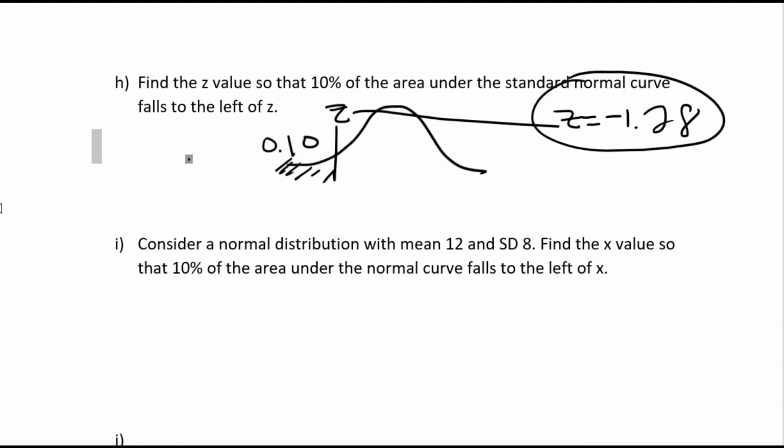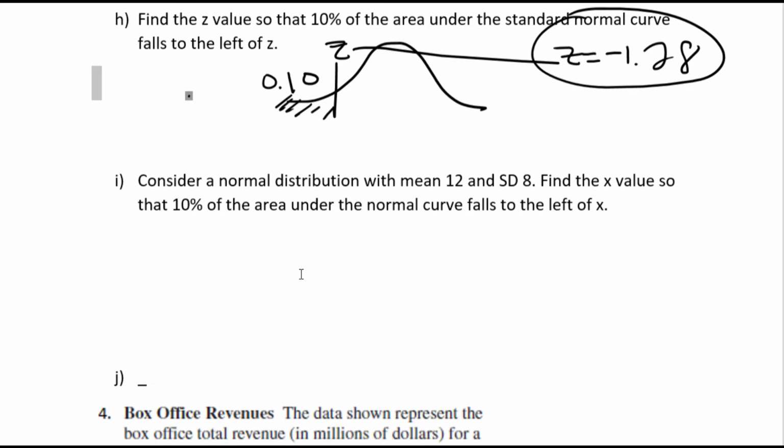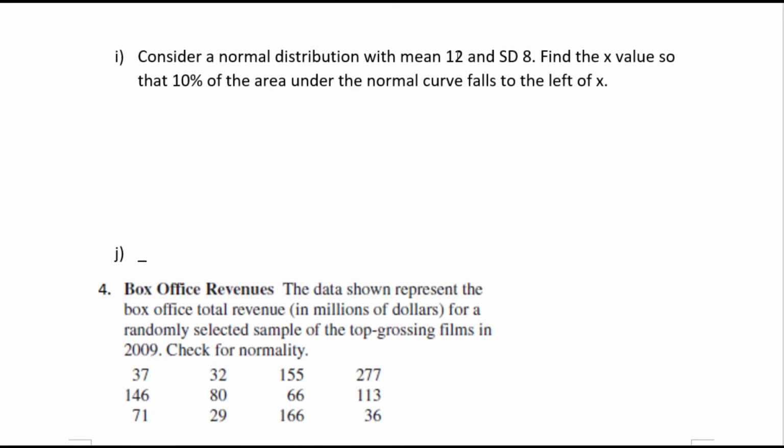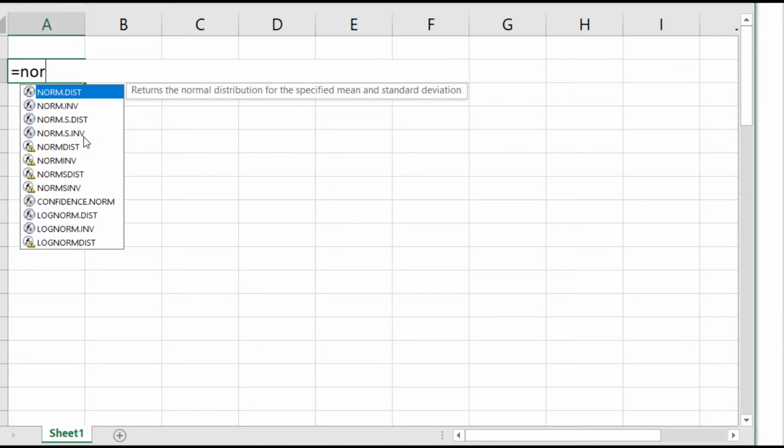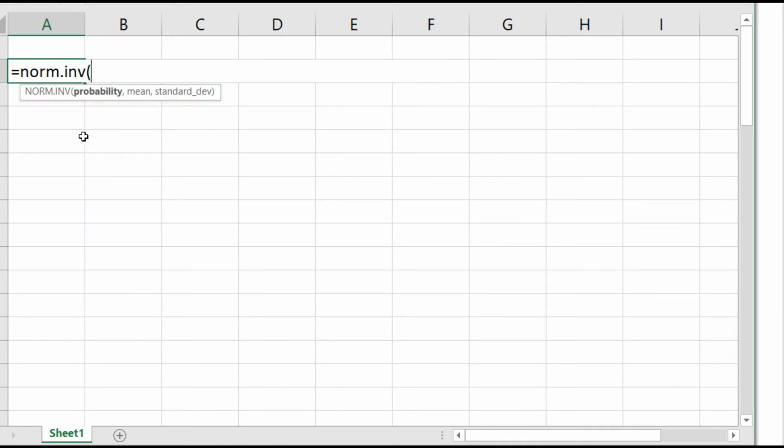Now we're going to do the same thing. This time they give us a mean of 12 and a standard deviation of 8, and you want to find the x value so that 10% is to the left. This time we're not using norm.s.inverse, we're using norm.inverse. So mean is 12, standard deviation is 8. 0.10 is our area.